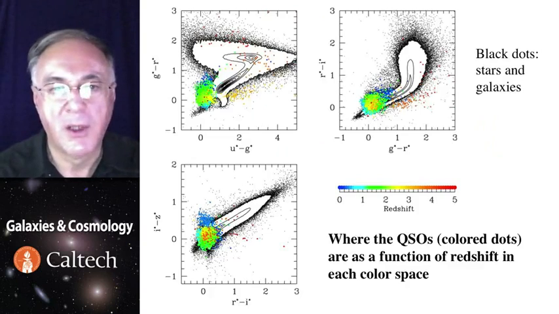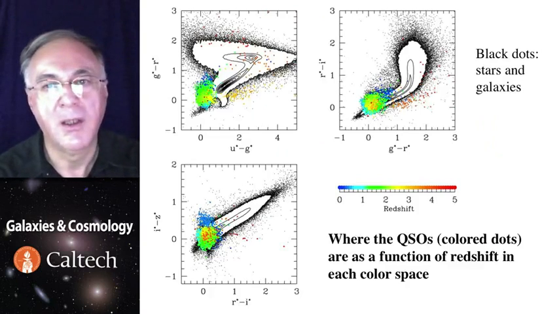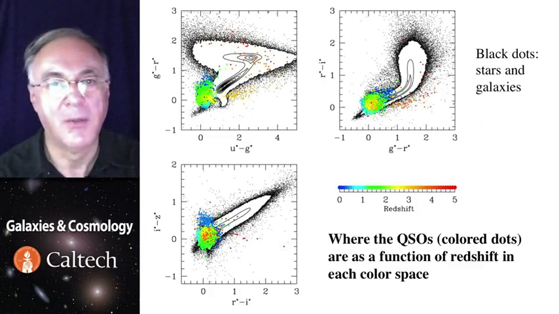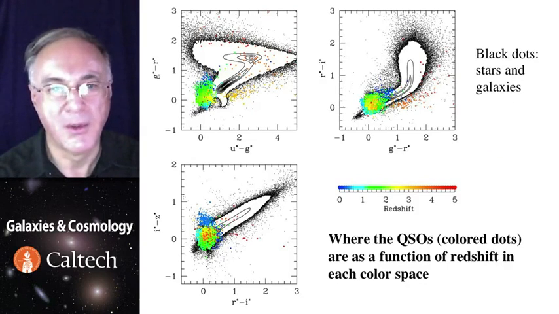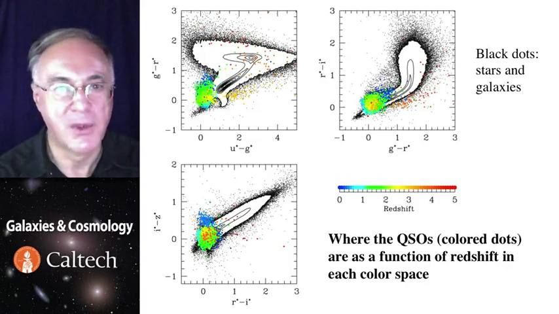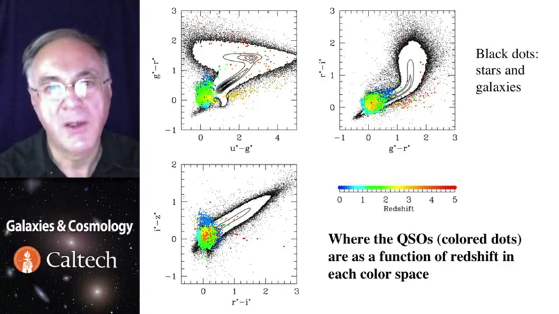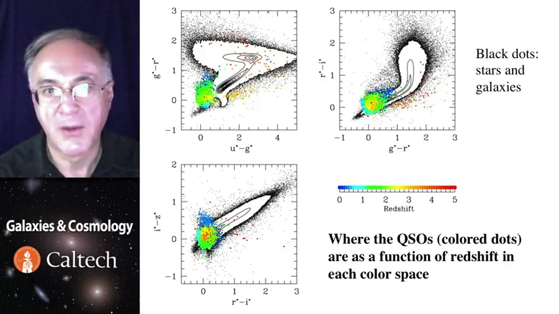Here are some additional plots. In order to avoid crowding by individual dots, the density contours in color space are plotted for most of the stars, and then outlying stars are plotted as dots. Quasars that have been confirmed spectroscopically are indicated as colored points, and their color is representative of the redshift, as you can see.